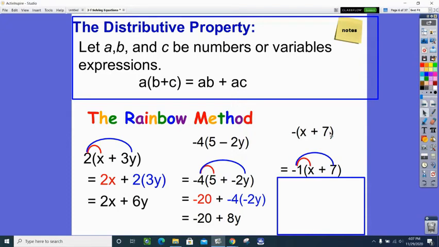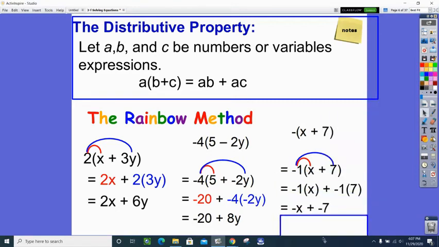Everybody's signs change, basically. So when you take -1 times x, you're going to get a -1x, where it was positive, and -1 times the 7 is going to give you a -7. And when that happens, basically the group signs changed. So it was x plus 7, and now it's -x plus -7.